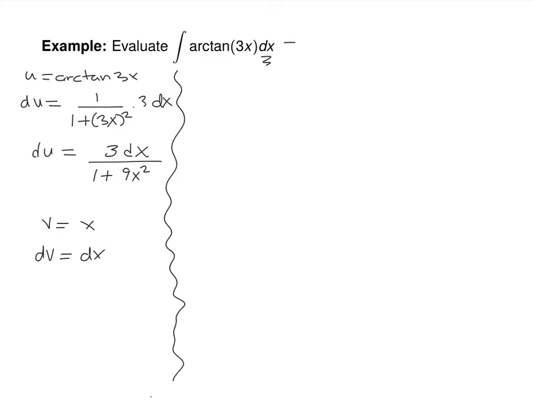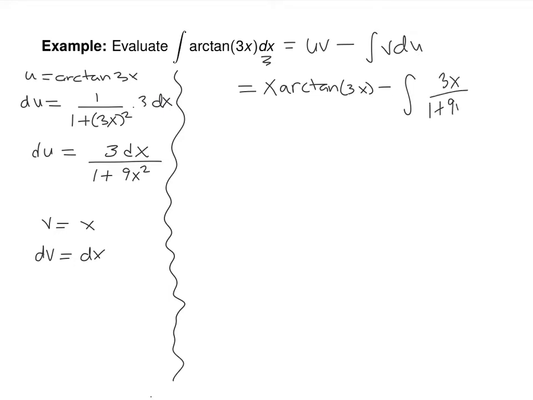Alright, so our integral is uv minus integral v du. So uv will be x arctan 3x minus v du. So when that x multiplies by du, we get a 3x in the numerator. We get a 1 plus 9x squared in the denominator. There you go.